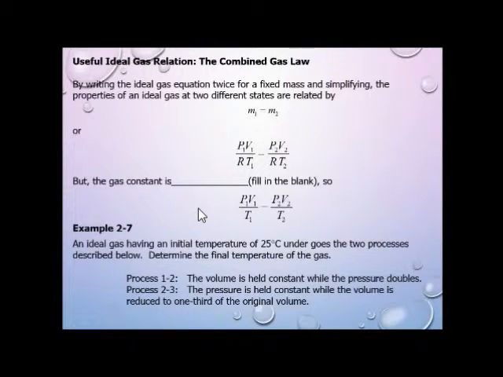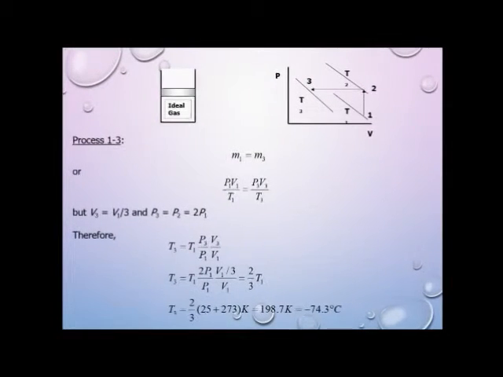Similar next example: an ideal gas with an initial temperature of 25 degrees centigrade undergoes the two processes described below. In process 1 to 2, the volume is held constant while the pressure doubles, and in process 2 to 3, the pressure is held constant while the volume is reduced to 1/3 of the original volume. What happens in this case?